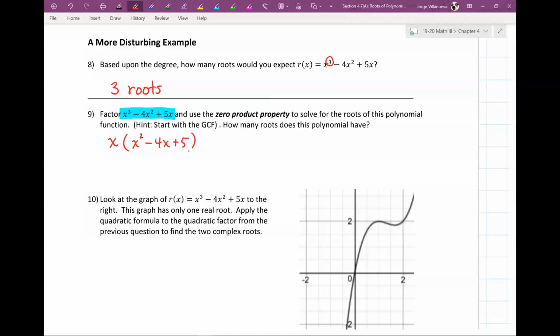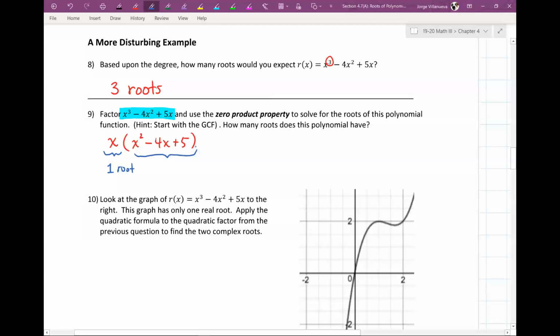So let's see what it says. It says factor it and use the zero product property to solve for the roots. How many roots does this polynomial have? Well, I know that because of this is 1 root. 1 root there. I can't factor this.